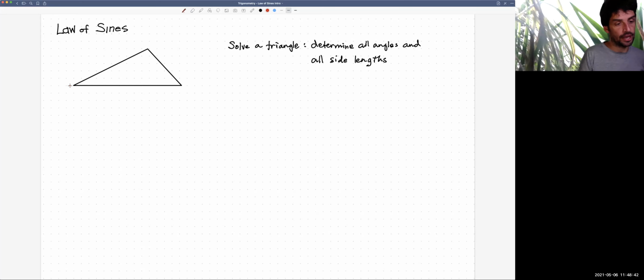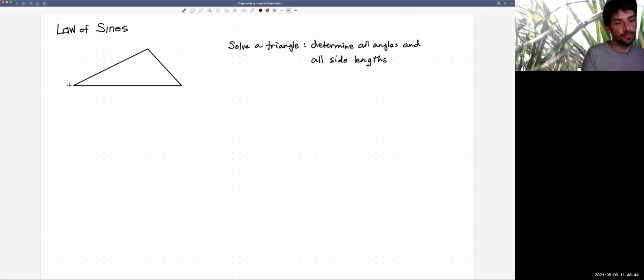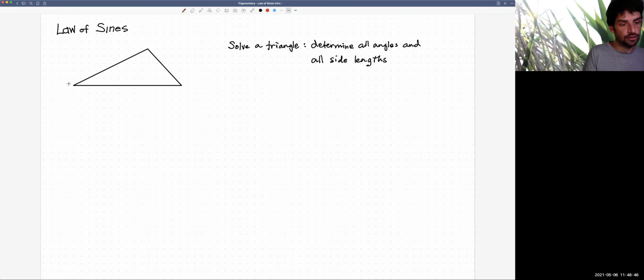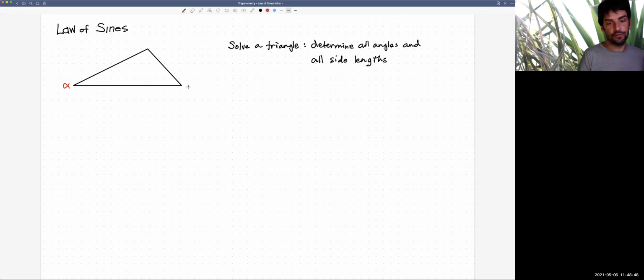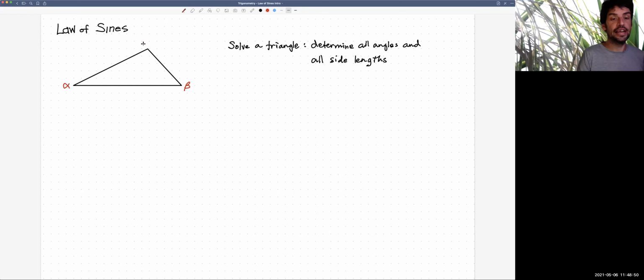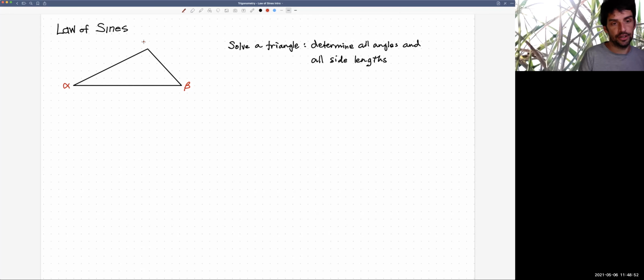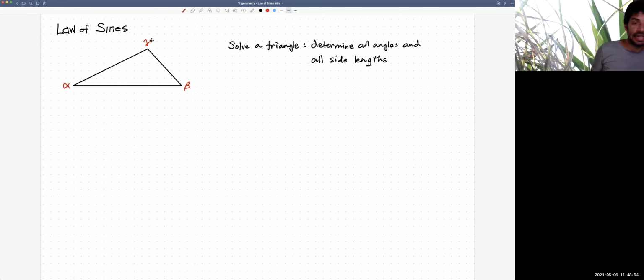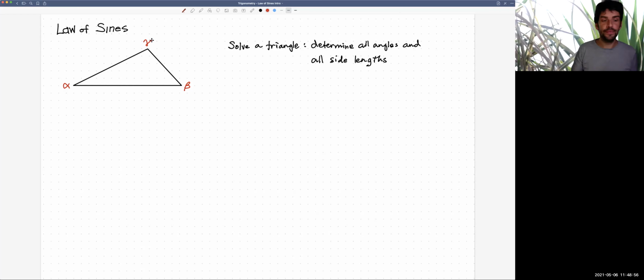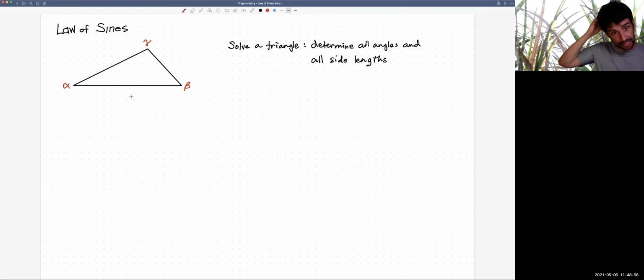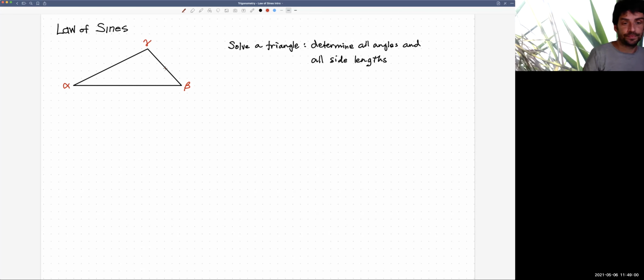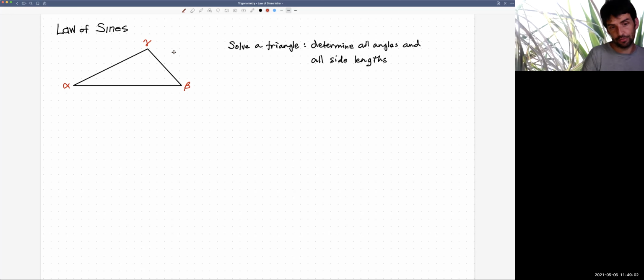The typical way to talk about them, at least what we'll use, is Greek letters for the angles. So we have angles alpha, beta, and gamma. And then across from each of these, we'll use corresponding letters from our alphabet.